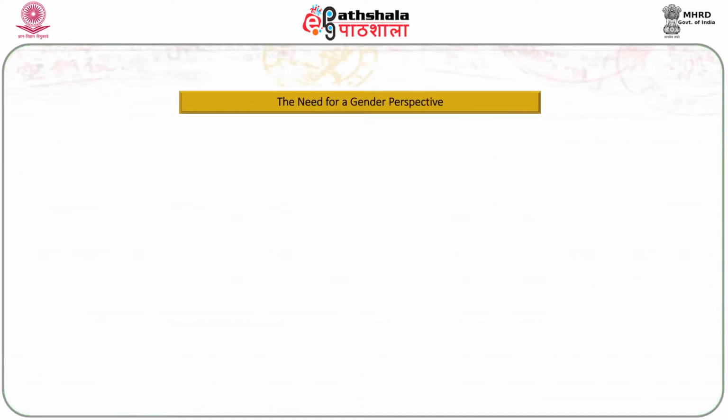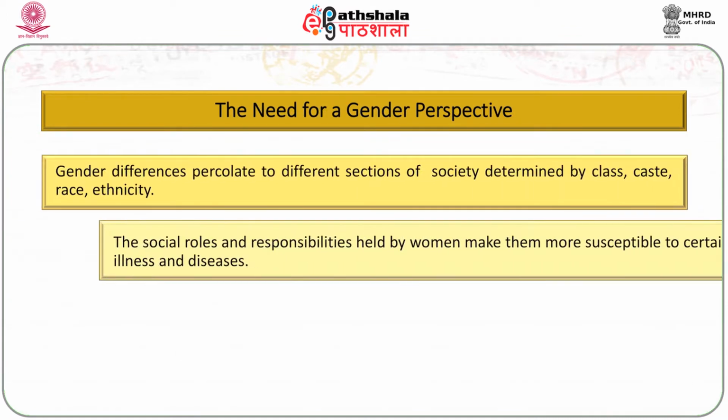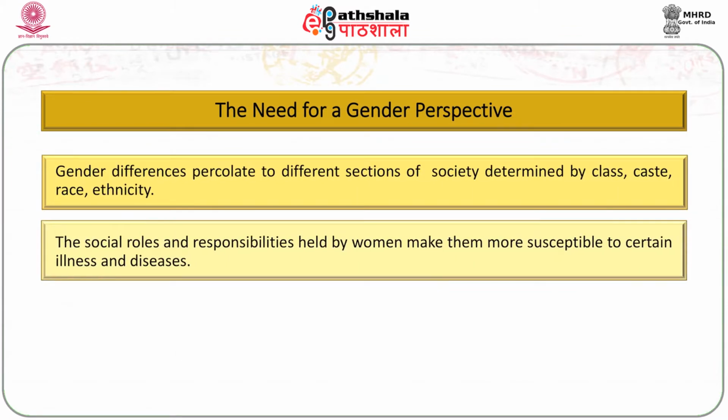So, the first point, the need for a gender perspective. Now, we all know that gender differences percolate to different sections of society and are determined by class, by caste, by race and by ethnicity. And the social roles and responsibilities that are held by women make them more susceptible to certain particular illnesses and diseases.